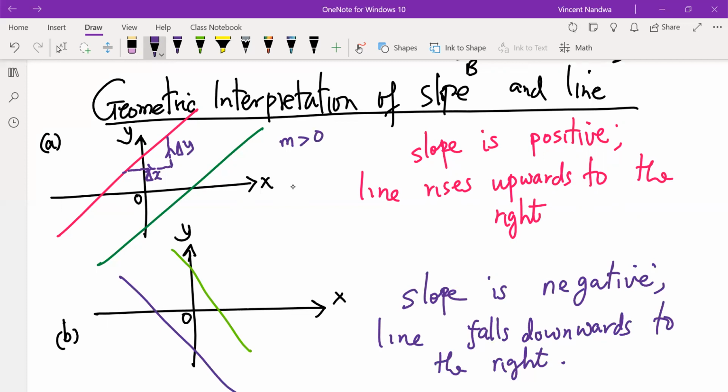In this case, if you draw a gradient triangle here, change in x is negative, while change in y is positive, so the gradient is negative. Similar to this, change in y is positive, but change in x is negative, so that will give you a negative value.